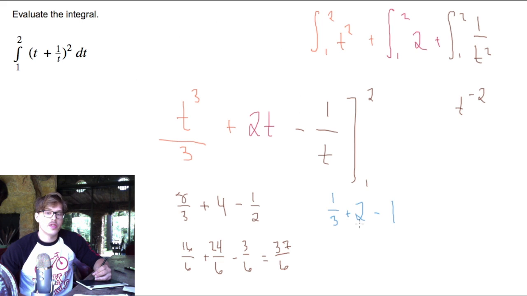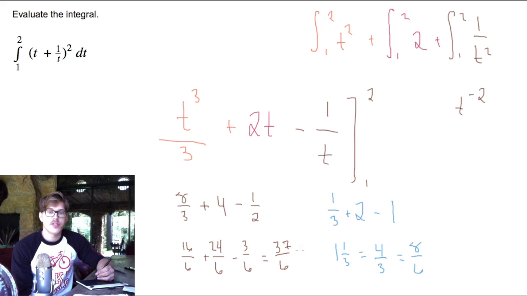So this leaves us with 2 minus 1 is 1, plus a third. This is 1 1/3. As an improper fraction, this is 4/3. 4/3 with a denominator of 6 is 8/6.